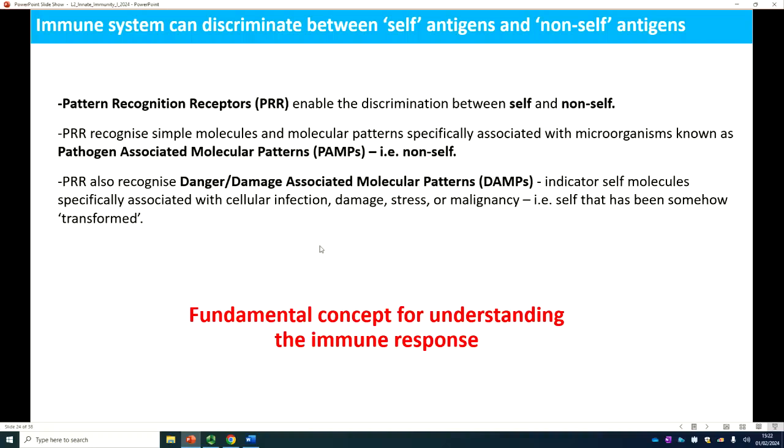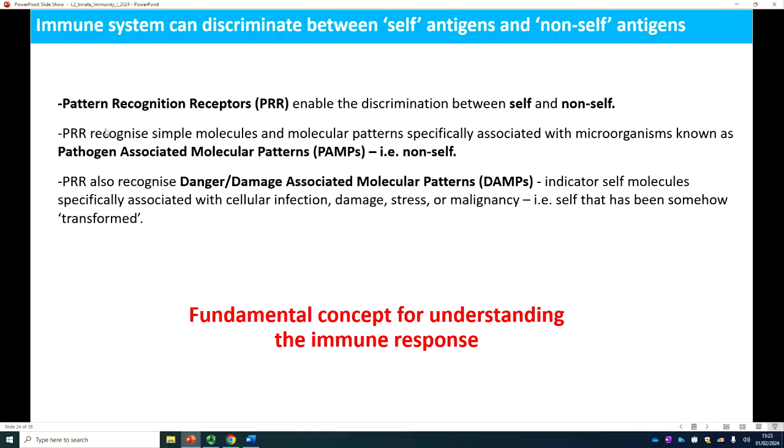So just to recap that, and this is actually a really fundamental concept in terms of understanding the immune response, the immune system plays a really key role in determining self and non-self. So when we say self, we mean our own body tissues, and non-self would obviously be pathogens. And basically the distinction between self and non-self can be done at the level of the innate immune system, but also at the level of the adaptive immune response. But these pattern recognition receptors, so the PRRs, play a really key role in discriminating self from non-self.